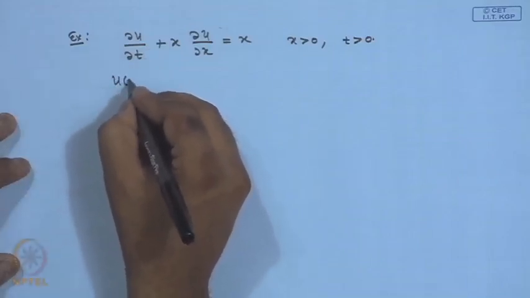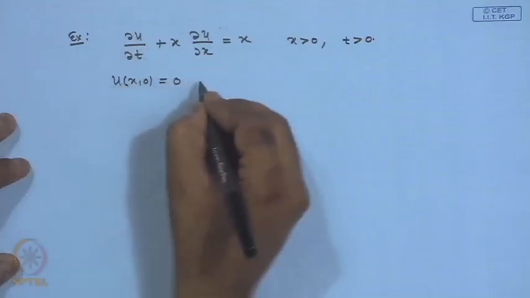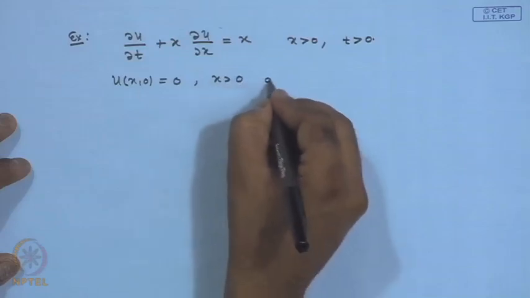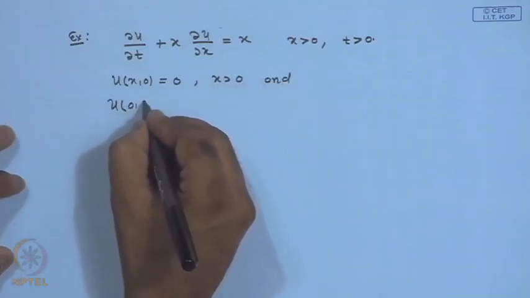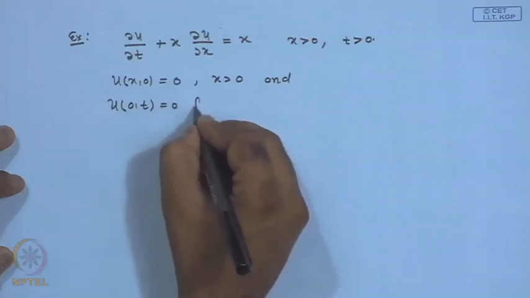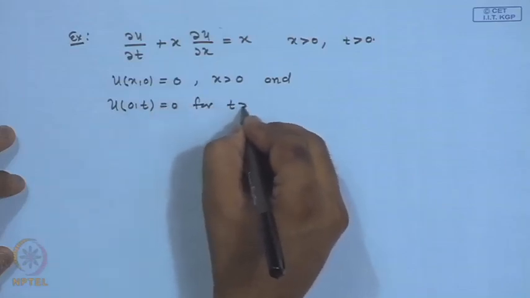We have these conditions: u(x,0) is 0 for x positive, and u(0,t) is 0 for t positive.